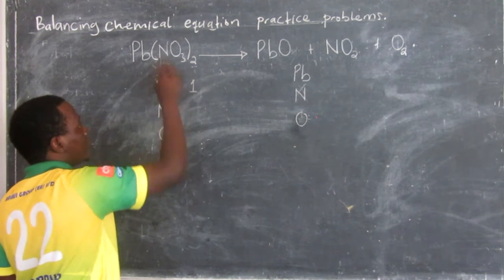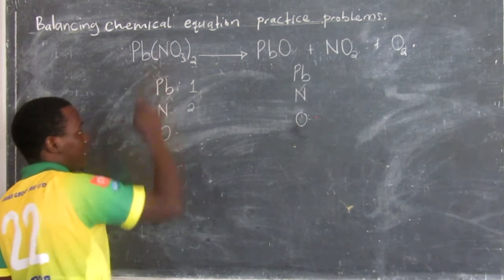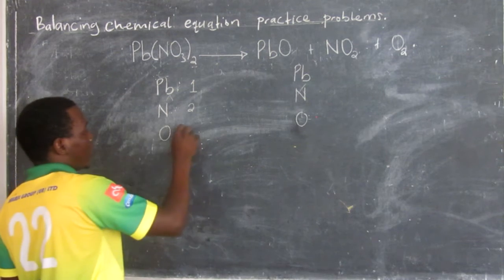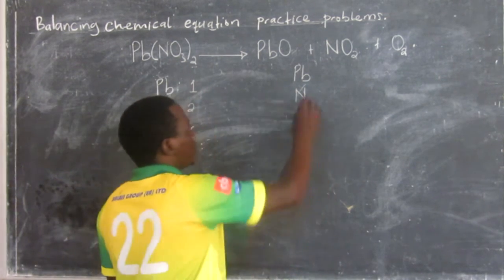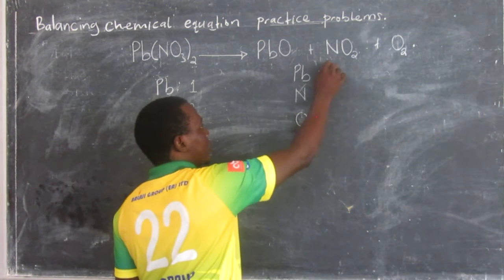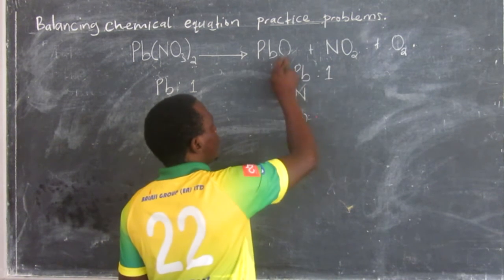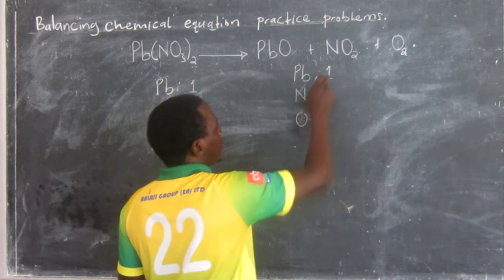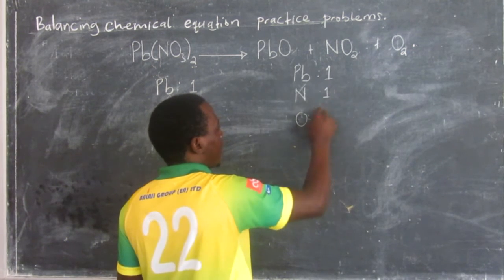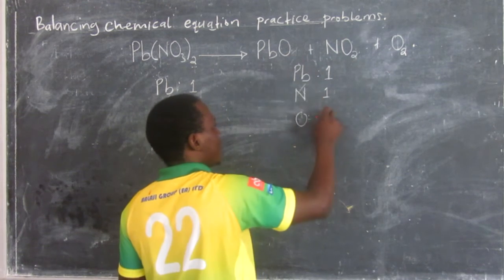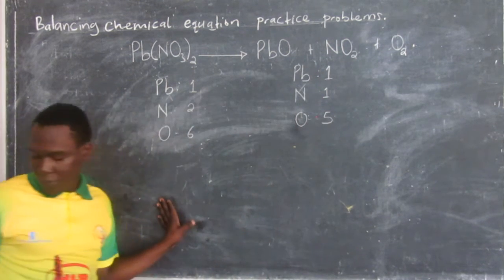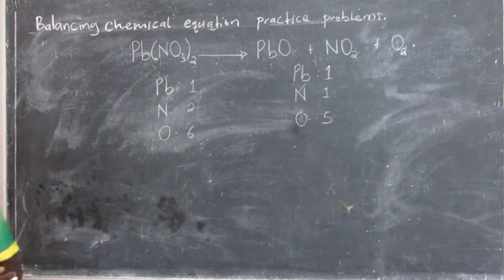We have 2 nitrogens, because this 2 multiplies each and everything in the bracket, so we shall have 6 oxygens, 2 times 3 to give us 6. On this side we shall have 1 lead, nitrogen is going to be 1, so we shall have oxygen 2 plus 2 plus 1, that's 5.